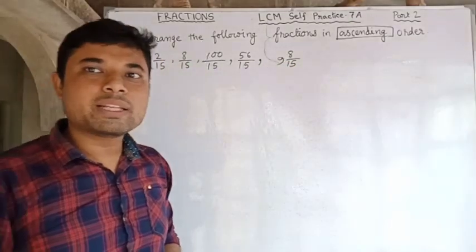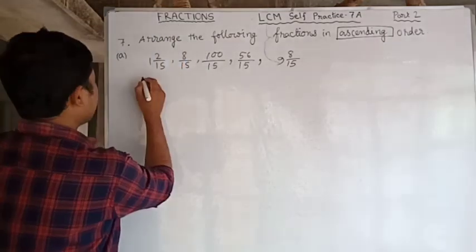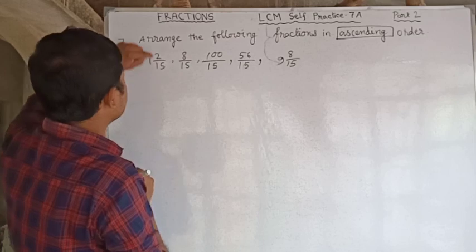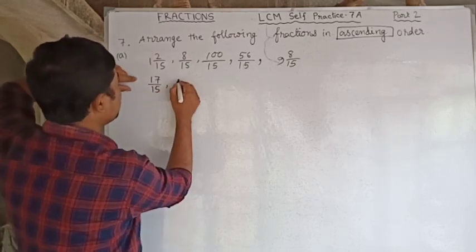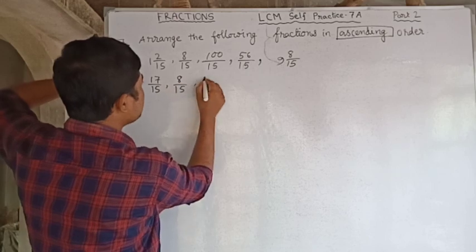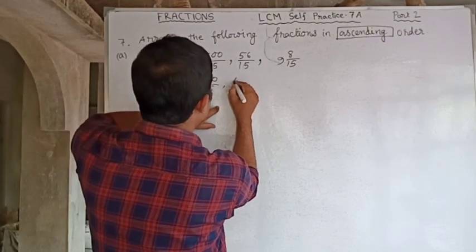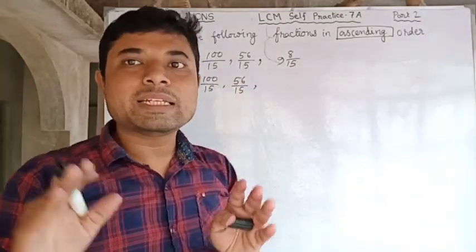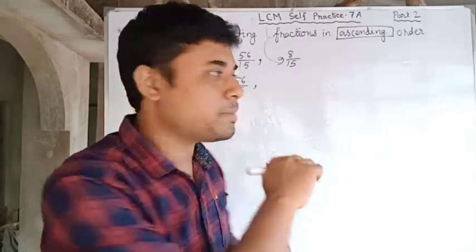First convert the mixed numbers to improper fractions. Here, 5 ones are 5, 15 ones are 15, and 2 makes 17, so it is 17 by 15. 8 by 15 has no problem, it is already given as an improper fraction. Then 56 by 15. If there is any mixed number, we will convert it into an improper fraction. This is the first step.